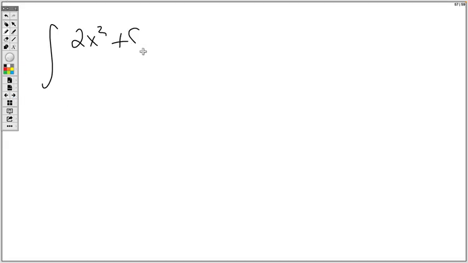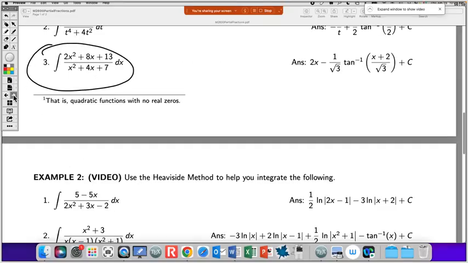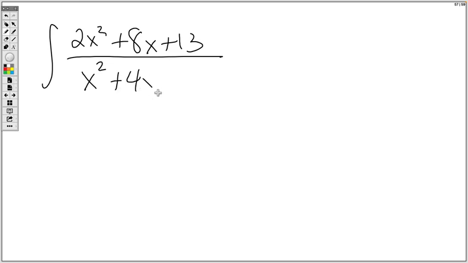Two x squared plus 8x plus 13 over x squared plus 4x plus 7.